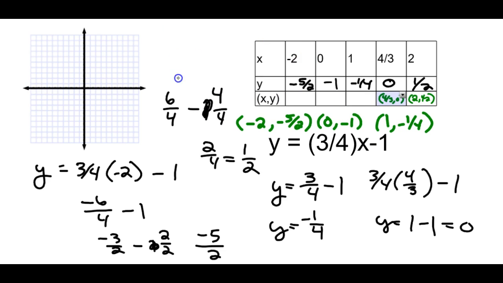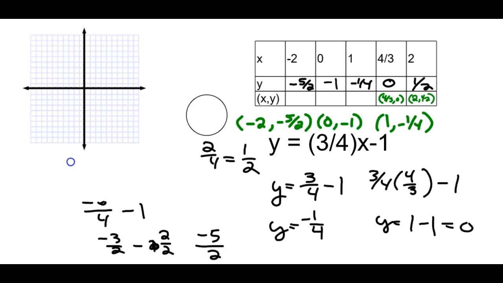So now we need to plot these points and sketch the curve. So I'm going to erase all the work here because I want to make this graph a little bit larger. Just save your points.